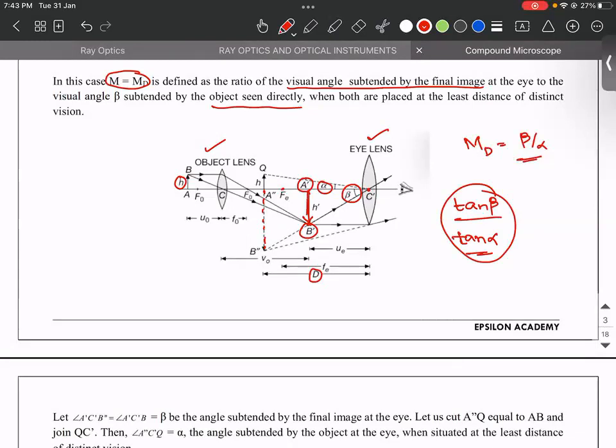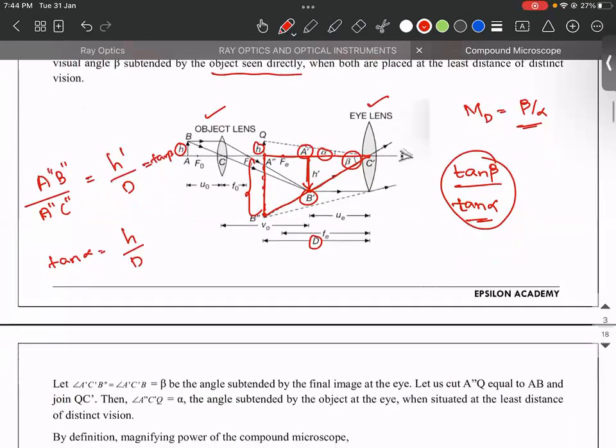Looking at the triangles, tan beta is equal to A''B'' divided by A''C'', so it is H' by D. Tan alpha is equal to A''C' divided by the distance, which is H divided by D.